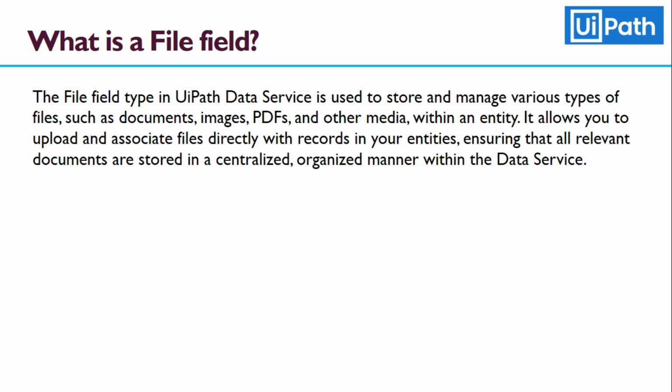This field type is particularly useful when you need to link documents like contracts, agreements, invoices, photographs, any documents like PAN card, any ID card, and other types of files to specific records in your database. Instead of relying on external file storage systems, you can manage everything directly within the UiPath Data Service, which enhances data consistency and accessibility for the automations.